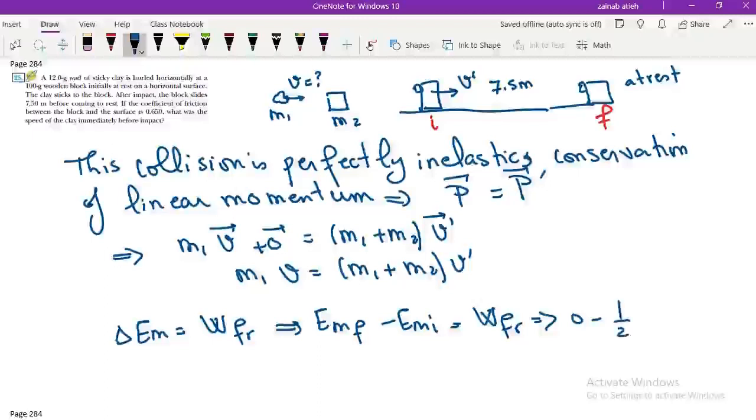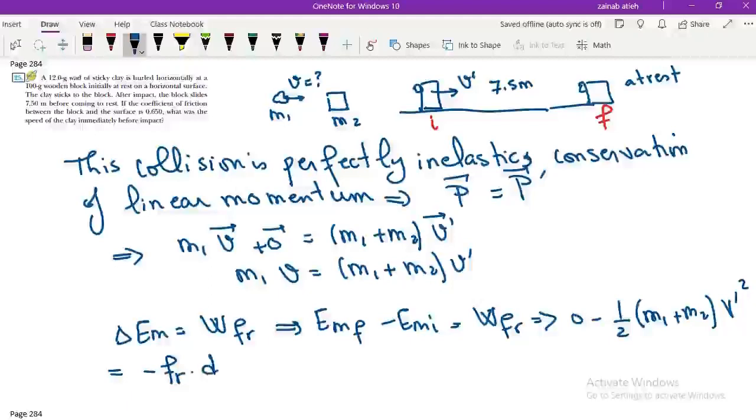So it's half, the whole system together, M1 plus M2 V prime squared, because their speed after the collision is V prime. It's equal to work of friction. Work of friction is as usual minus FR times D, the distance traveled.